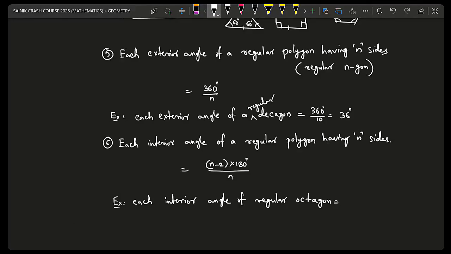Sanvi, can you answer this question? Sanvi, what is each interior angle of a regular octagon? You know, octagon means how many sides?